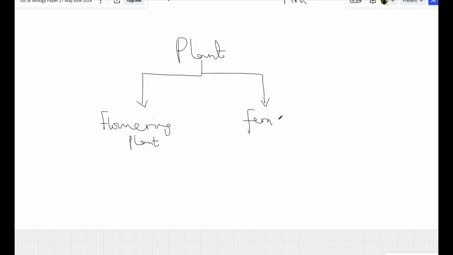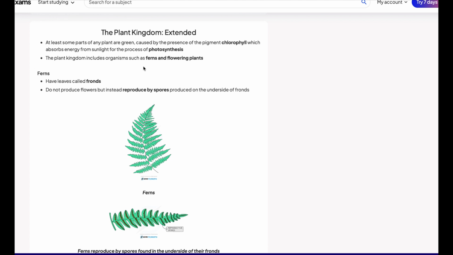So for flowery plants, we're going to also do a brief study. The plants are divided into two types: you have the ferns and the flowery plants.